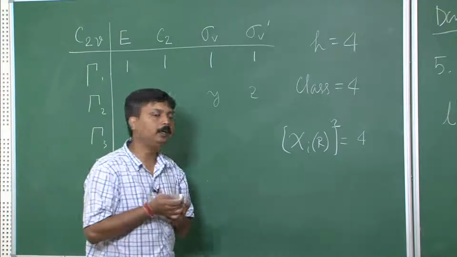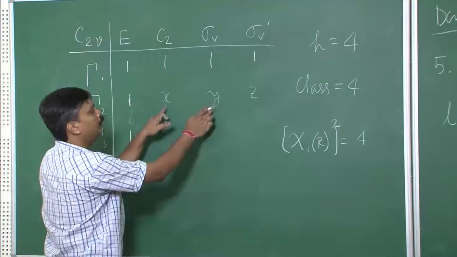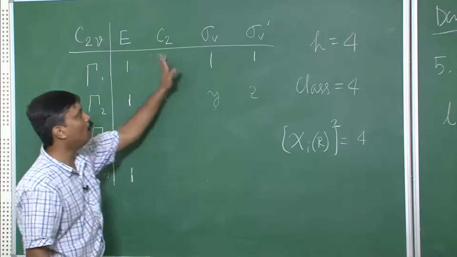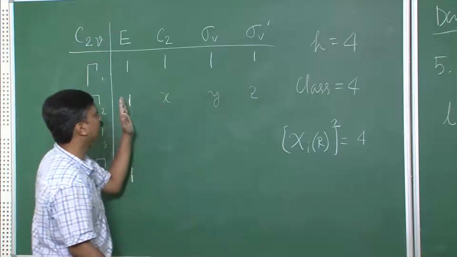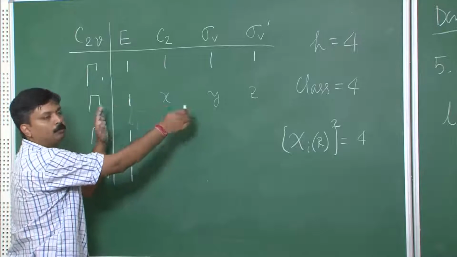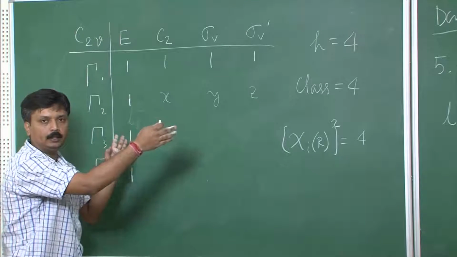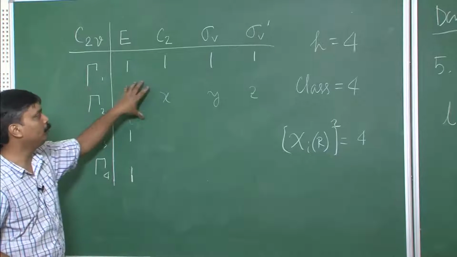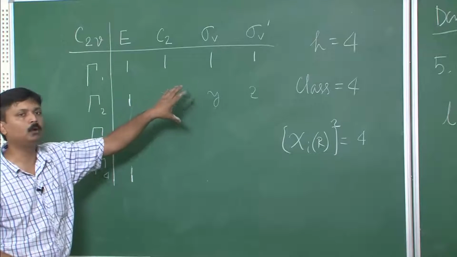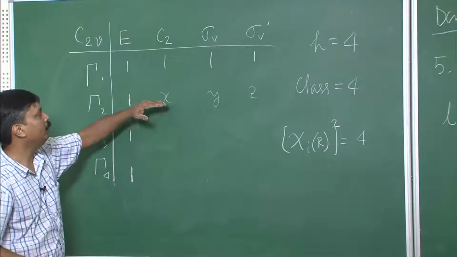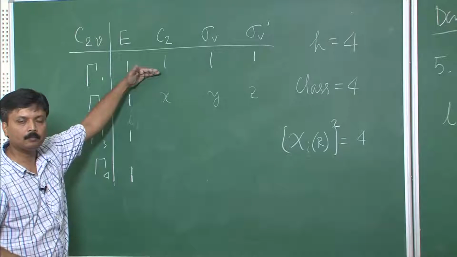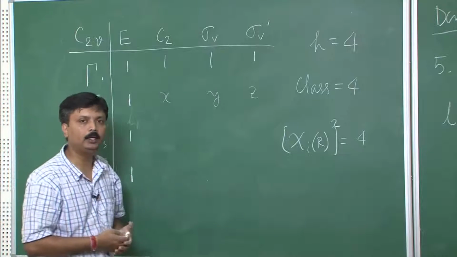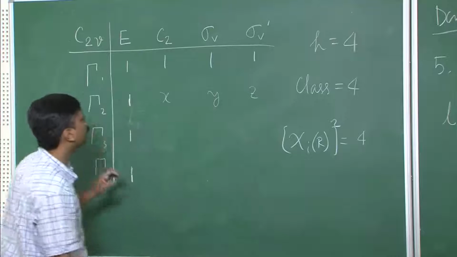That is possible if two of them are minus 1, because here all are plus 1. So, if in a representation, say gamma 2, 2 of the 4 characters are plus 1 and the other 2 are minus 1, then if I multiply with this one, I will get 0. So, the orthogonality will hold.